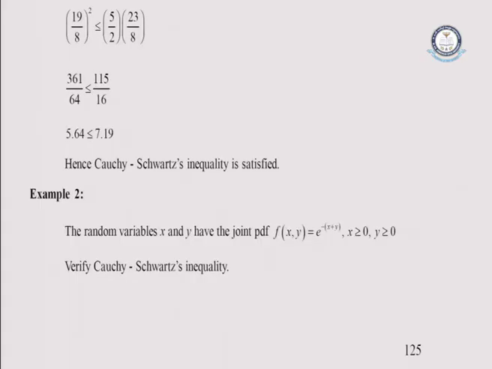For the probability mass function, with the marginal probability function, the case is satisfied: the expected value of xy whole square is less than or equal to the expected value of x square into the expected value of y square. It is also satisfied for two random variables that have the joint probability density function f of x comma y, so the joint distribution of the variables also satisfies the Cauchy-Schwarz inequality.